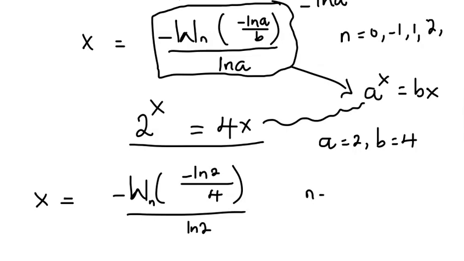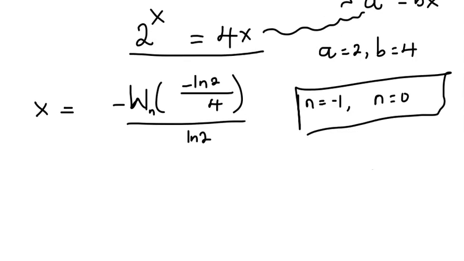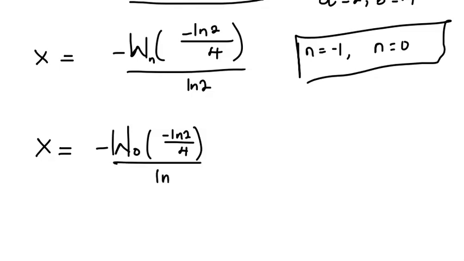Now we're going to take n is equal to -1, and we're going to take n is equal to 0. These two are the branch cuts that give us the two real solutions to this problem, right? So our first solution, x is equal to -W with a subscript 0 of the negative natural log of 2 divided by 4 all over the natural log of 2.